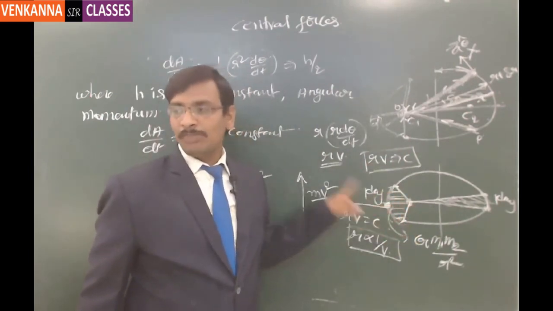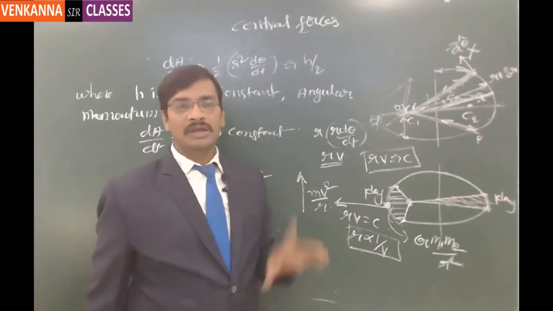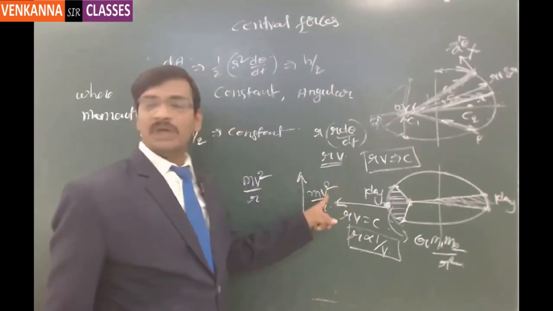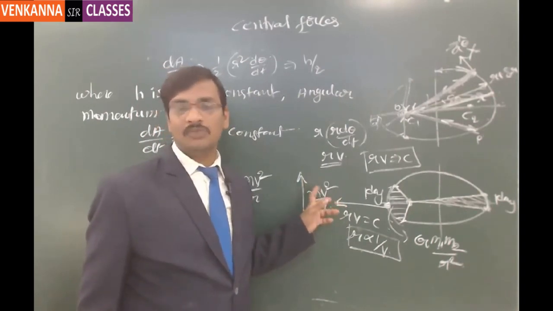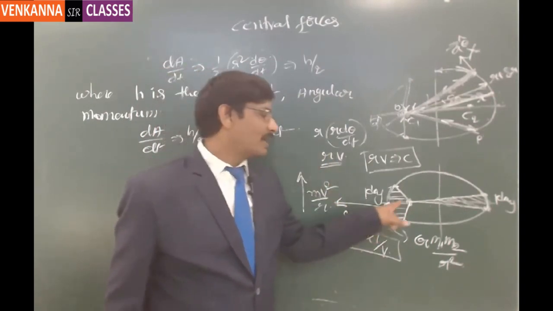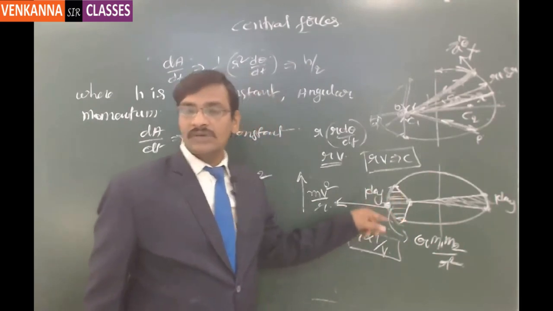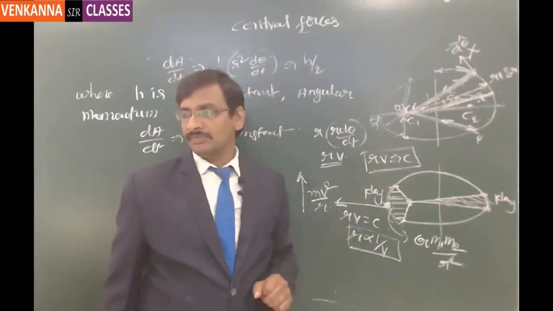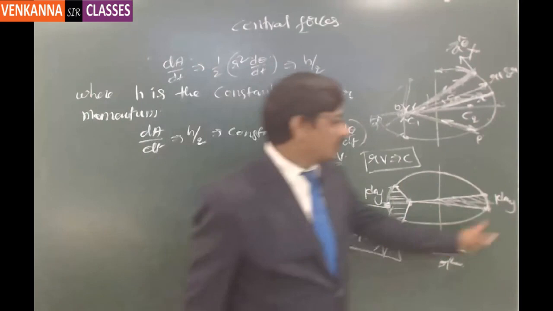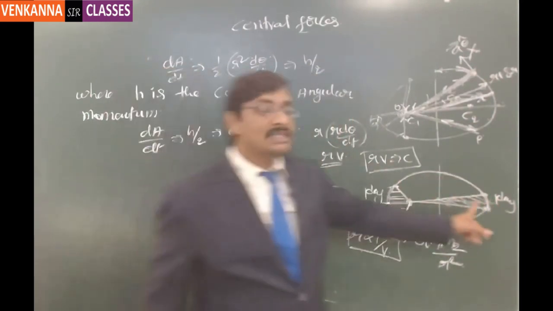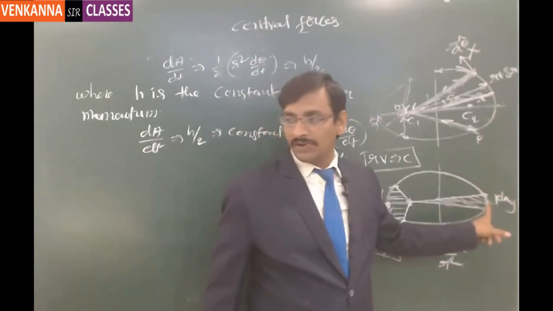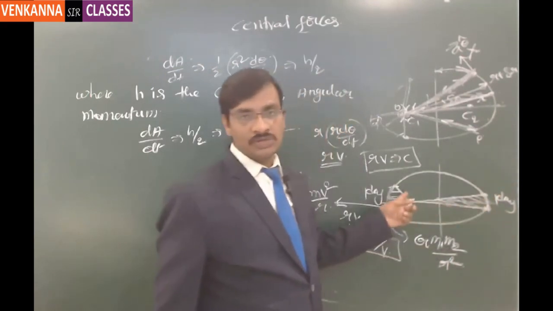Hence, the planet has got only one option, that is, it has to increase its velocity so that the square of the velocity gives the centrifugal force, which will be balanced by the attractive force of the sun. Otherwise, it will fall down into the sun. Suppose we take the other side, if it tries to maintain the same velocity, then the centrifugal force is more at this location than the attractive force of the sun.